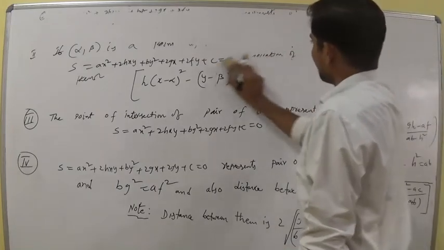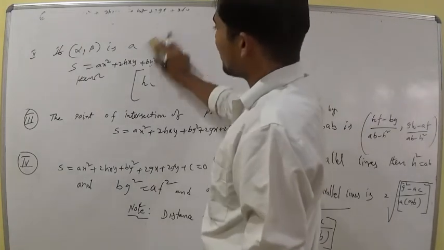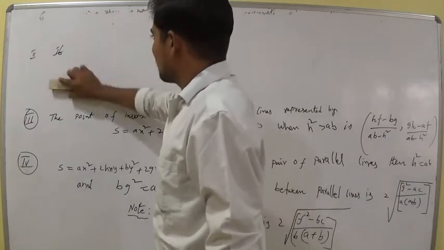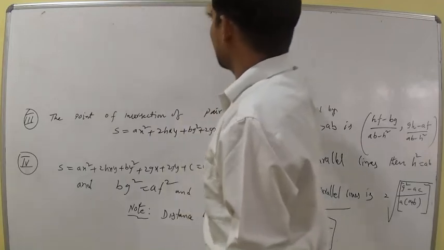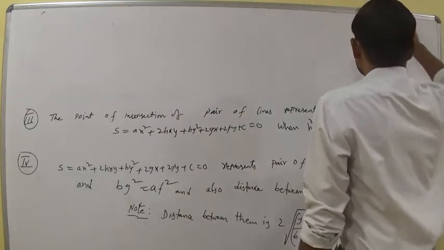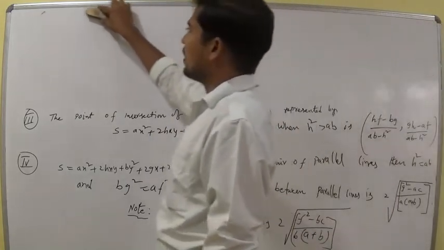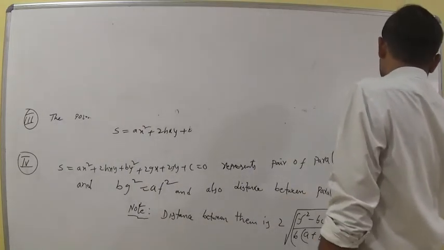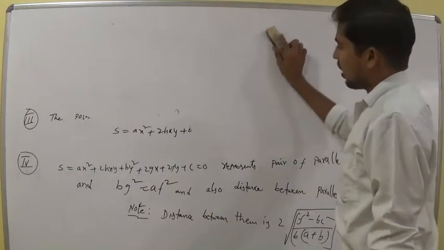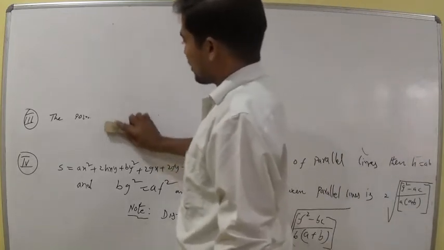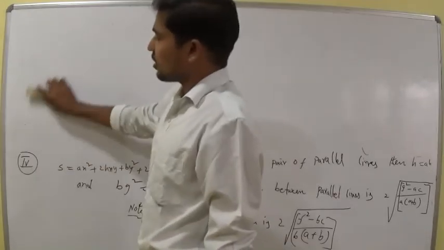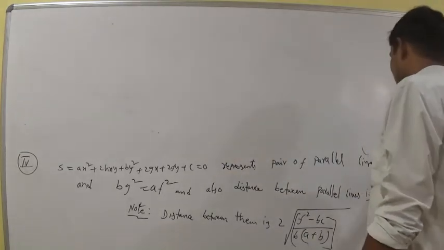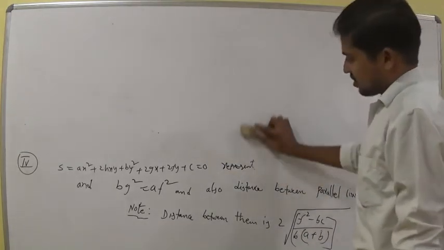Next, fifth point. Now fifth point, the product of the perpendicular bisectors from a point, that point is alpha comma beta, which is equal to a alpha square plus 2h alpha beta plus b beta square by square root of a minus b whole square plus 4h square.